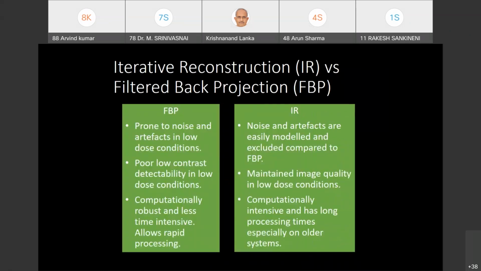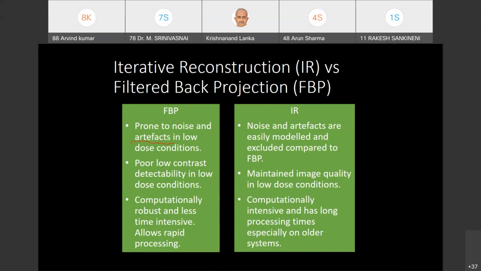So this is when you go for filtered back projection or iterative projection. Filtered back projection is prone to noise and artifacts in low dose conditions. What we mean by artifacts is sometimes unnecessary things that can exist in the body, or it can be because of an error in our computation.